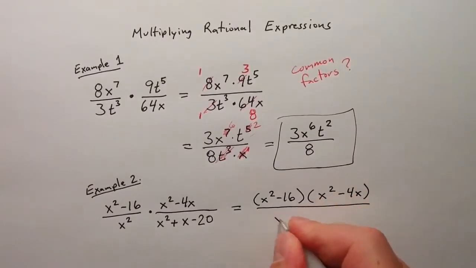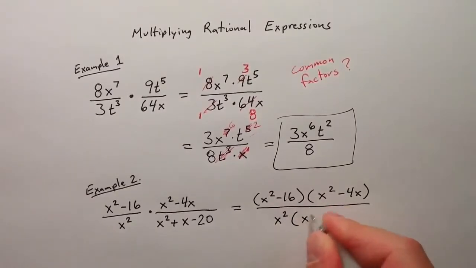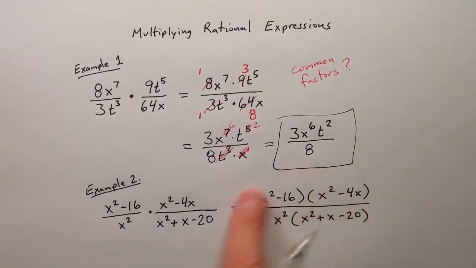And in the denominator, it's okay for the x squared to not be in parentheses. It could be, but I definitely need to put x squared plus x minus 20 in parentheses to show that all three of those terms are multiplied with x squared. Now here's what's really important. Before I multiply this out, there might be some common factors that cancel.